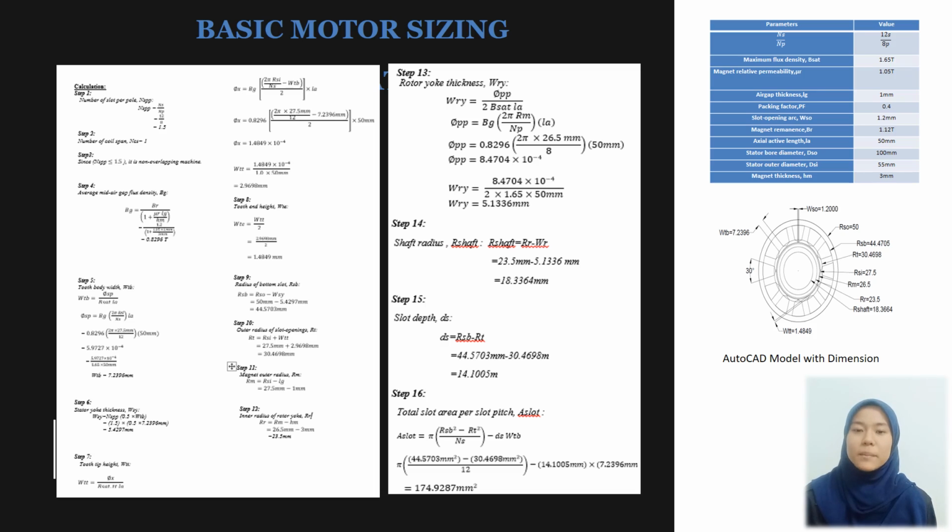Other important parameters to draw this motor in AutoCAD are, first, tooth body width WTB, stator yoke thickness known as WSY, rotor yoke thickness WRY, tooth end height WTE, outer radius of slot opening RT, magnet outer radius RM, and inner radius of rotor yoke RR. The AutoCAD with full dimension is shown in the figure above.